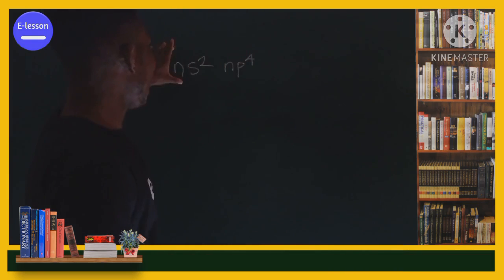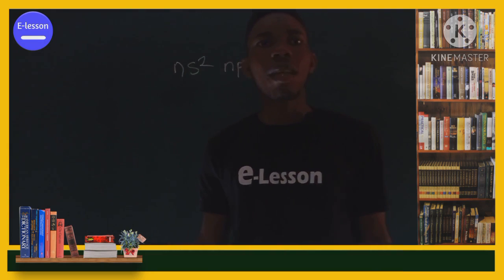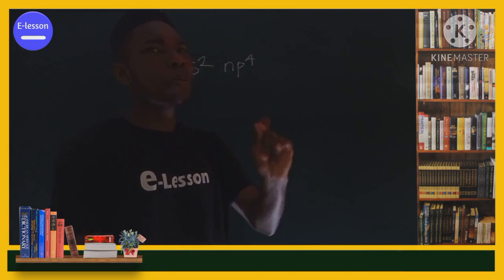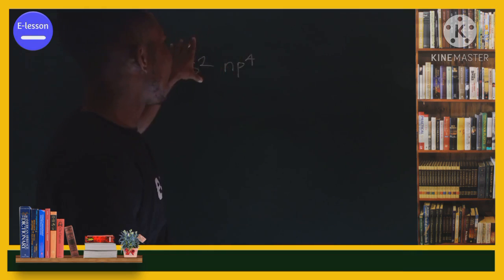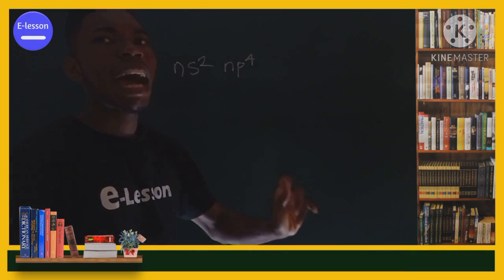Now, because you have n and n, it means that the outer energy levels are the same. And if the outer energy levels are the same, what do we do to get the outer valence electrons? We add them together. This is not the valence electron alone, but the sum of these two, because n and n are the same.